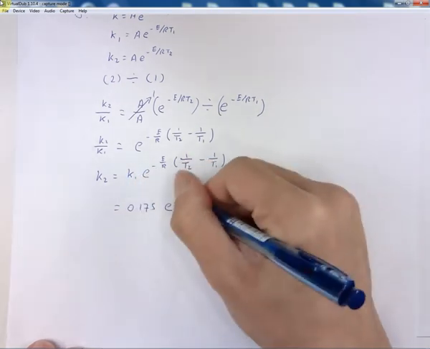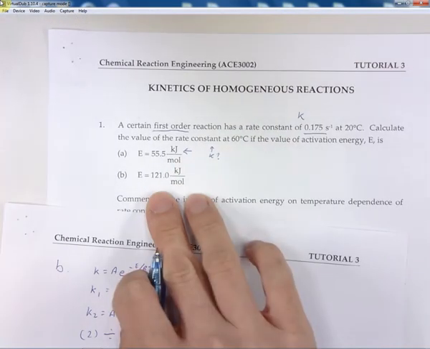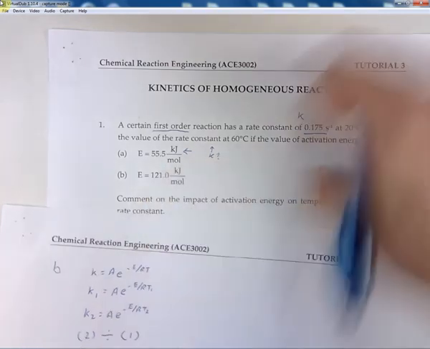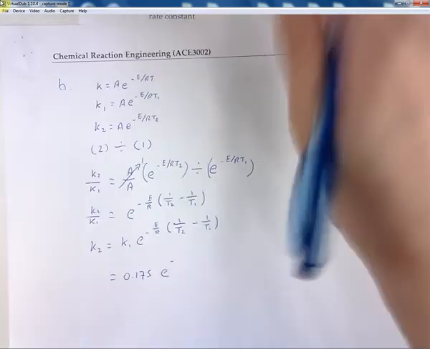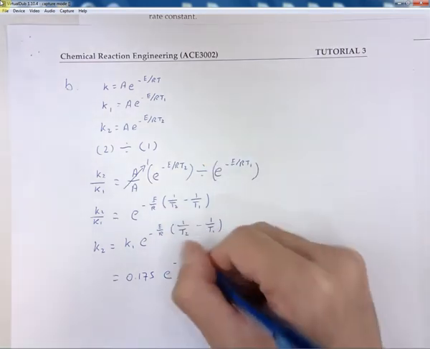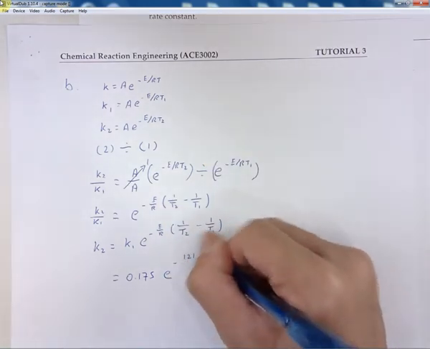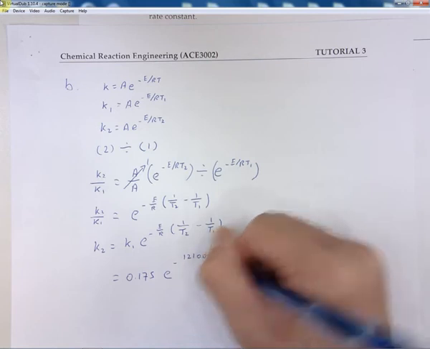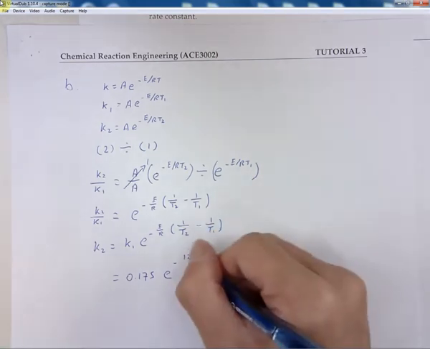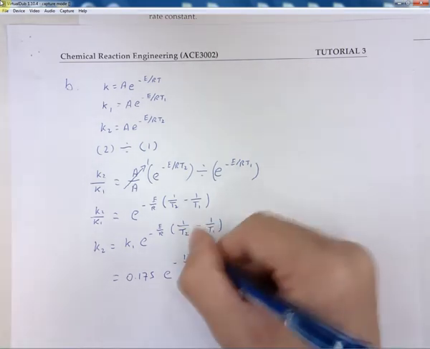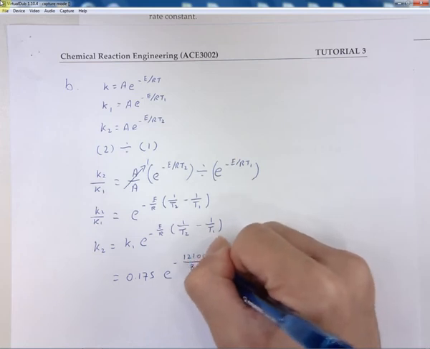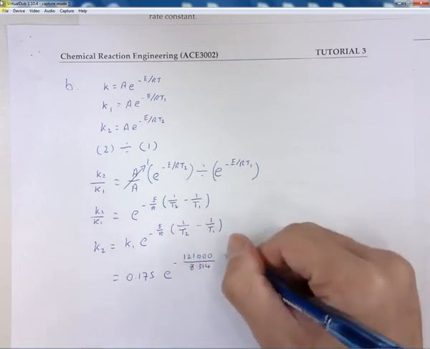For question part B, do note that we are using a different activation energy of 121 kilojoules. We have to convert into joules per mole, so we just multiply by 1000. And R is 8.314, our ideal gas constant.